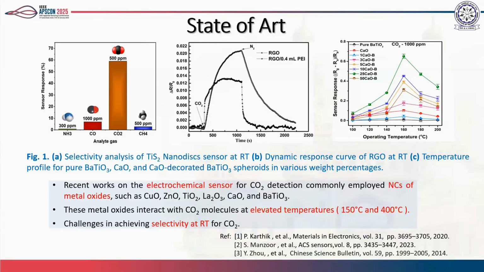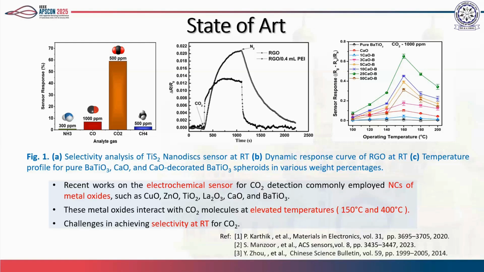Some state of the art work is that earlier developed sensors generally use temperature beyond 150 degrees Celsius, and those are based on metal oxides or their nanocomposites like copper oxide, ZnO, TiO2, or some other type of metal oxide. As we can see, they suffer from selectivity issues at room temperature, even at higher temperature.